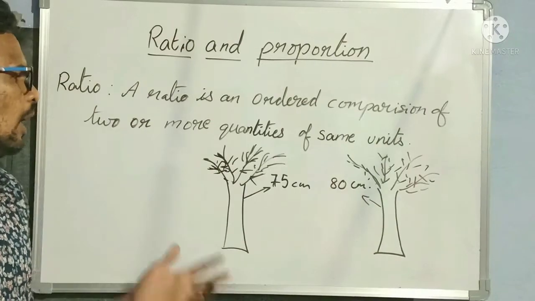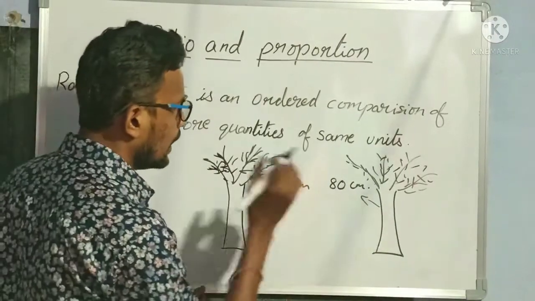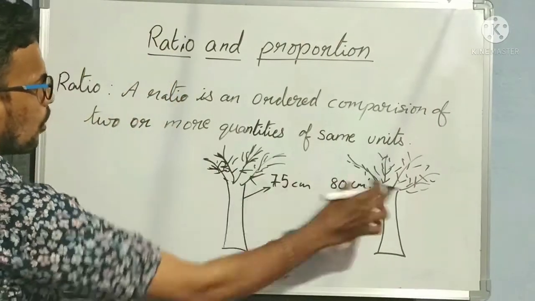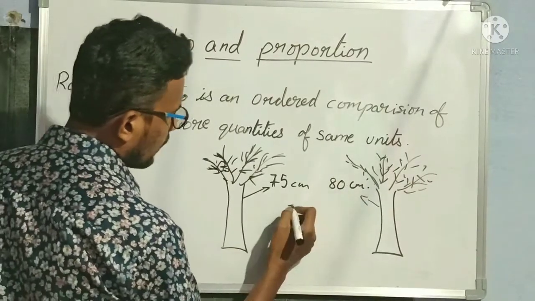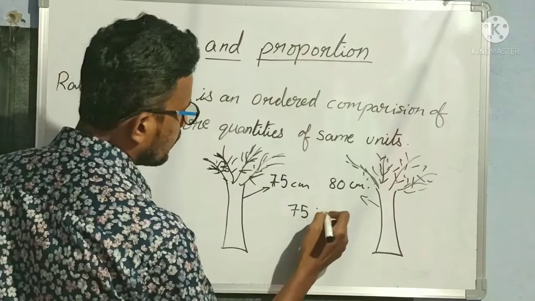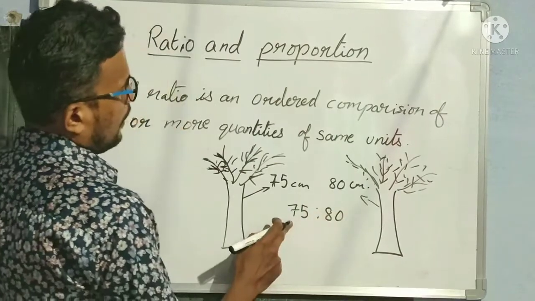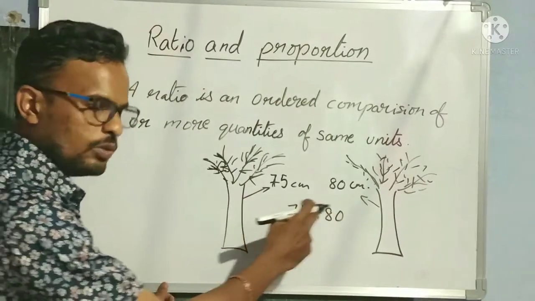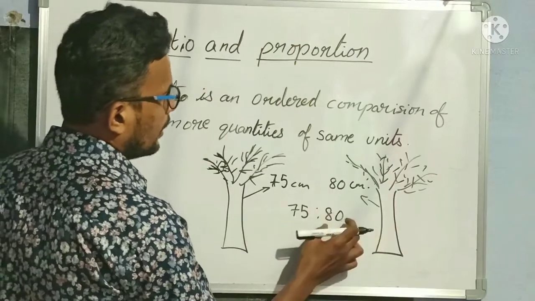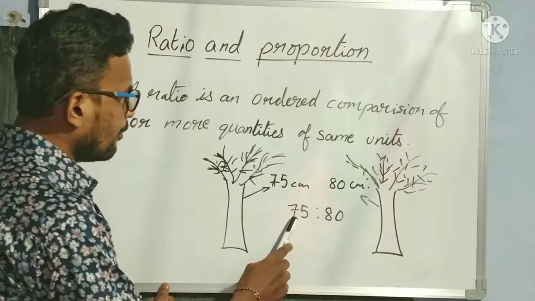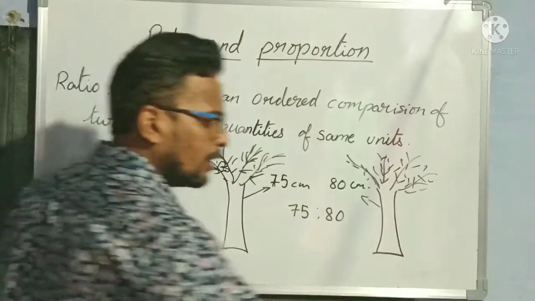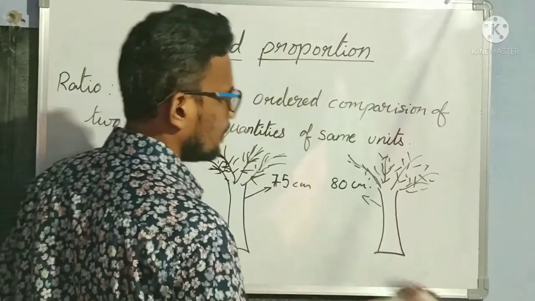How to compare the height of these two coconut trees? I have to take the ratio of the height of the first tree to the height of the second tree.